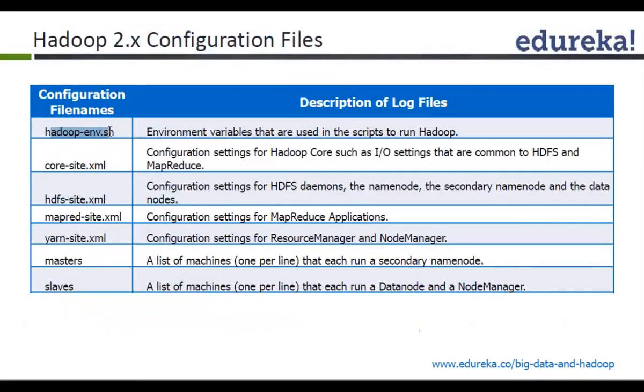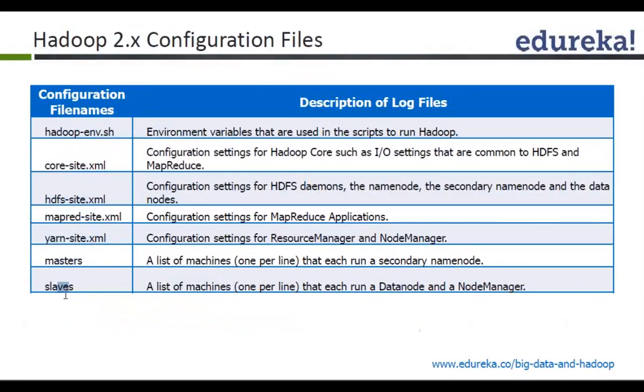You will have a file called hadoop-env.sh, which is the script that is needed to start Hadoop. You will have a file called core-site, which will have configurations for all the core components of Hadoop, then hdfs-site, mapred-site, yarn-site, and files called masters and slaves.